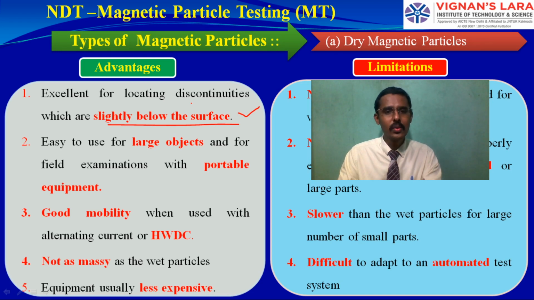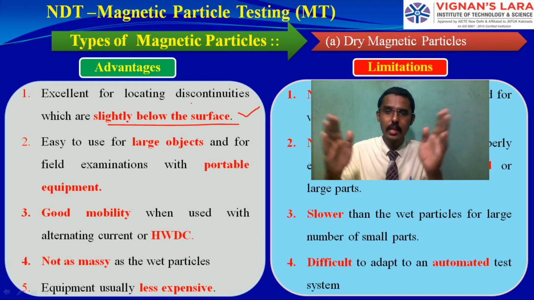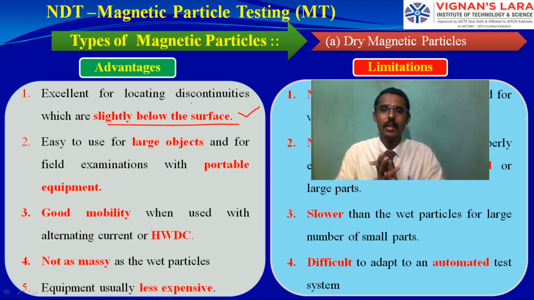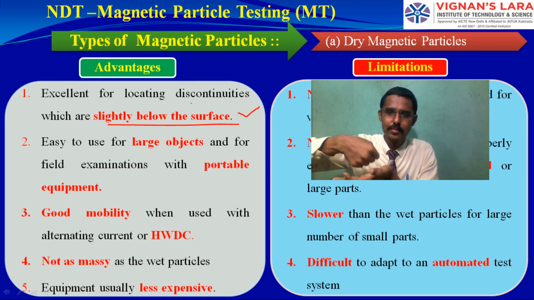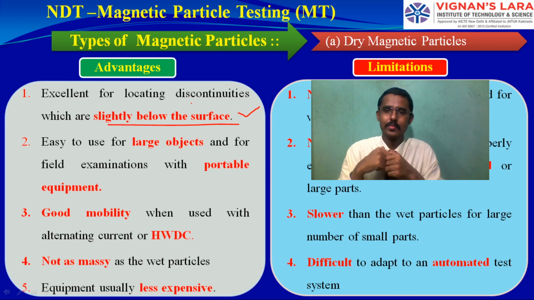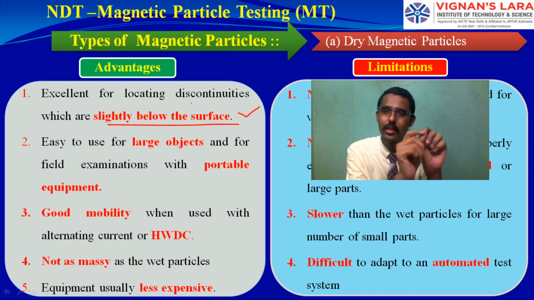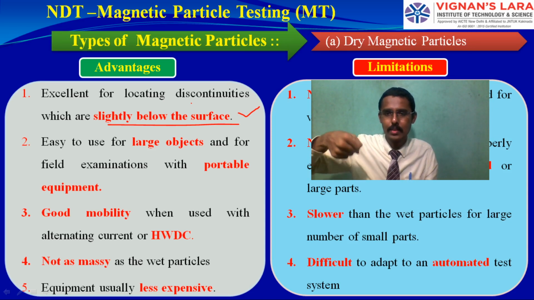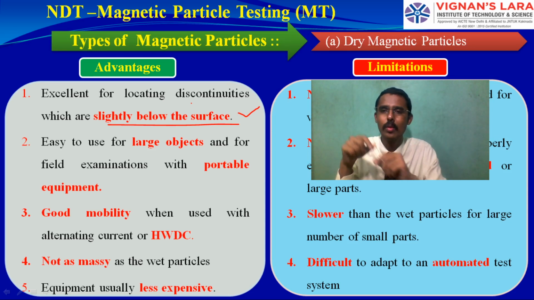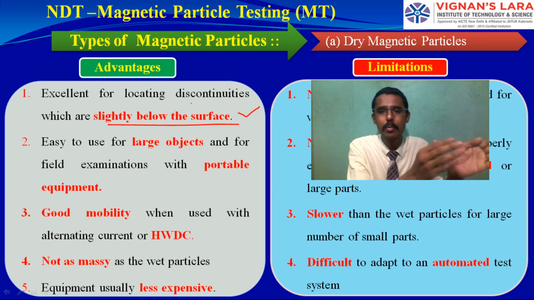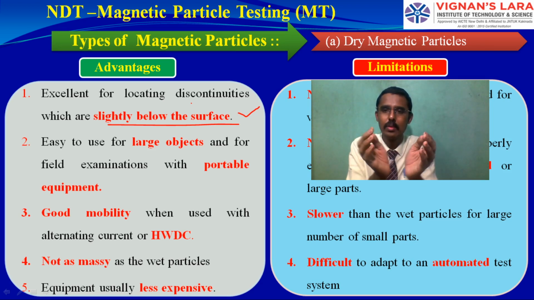Next point, easy to use for any large objects, and also we have only a probe, therefore it is portable also. What are large objects? Any boiler plant, any aircraft; we are going directly with the probe as a portable component. We are going directly to the component in service also. Not a fabrication done as one part; multiple parts we fabricate and assemble.